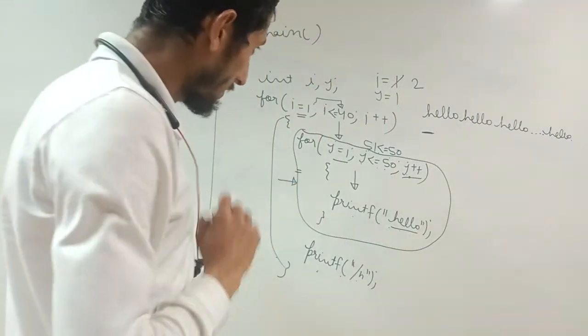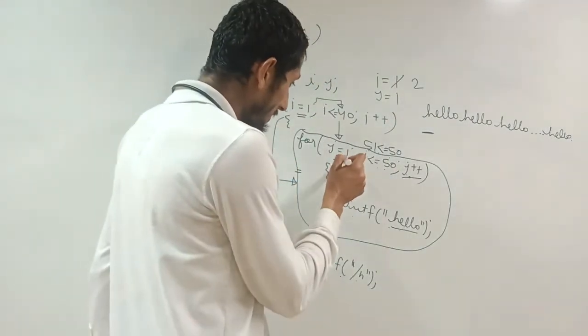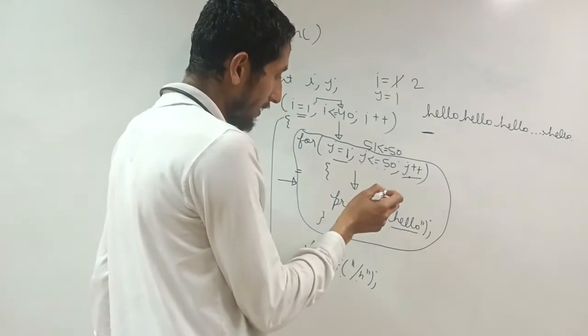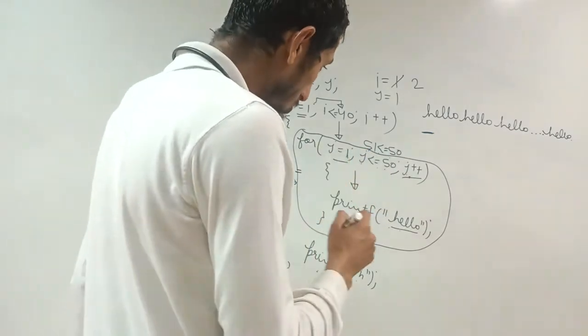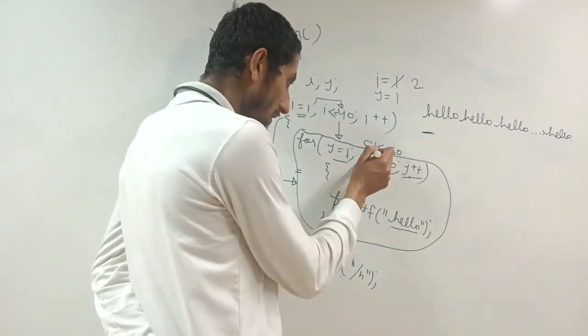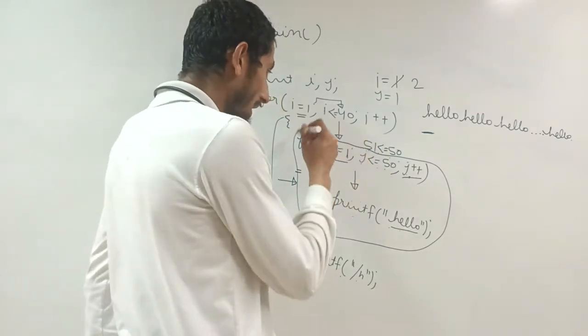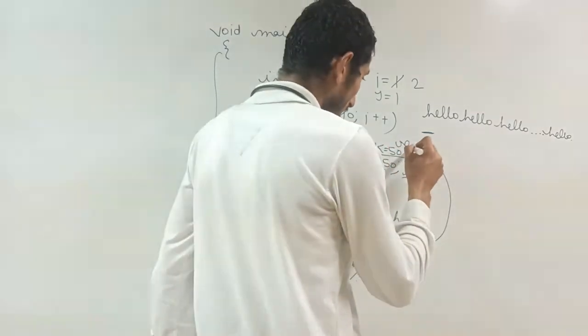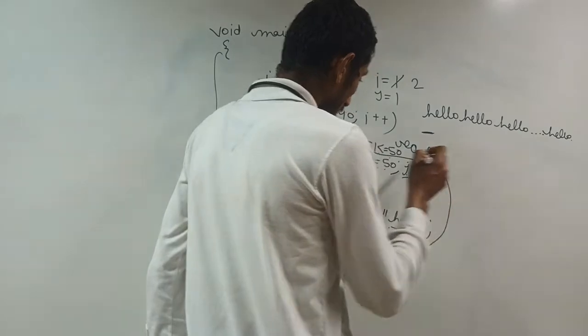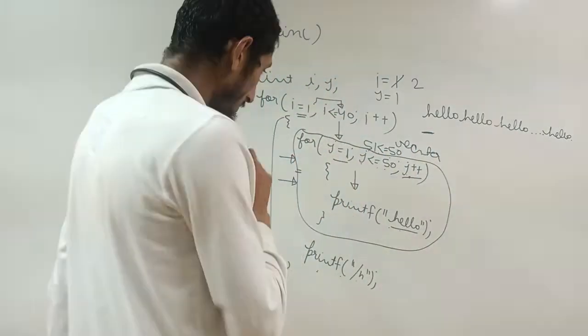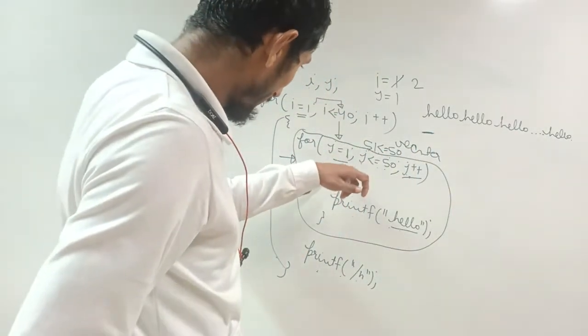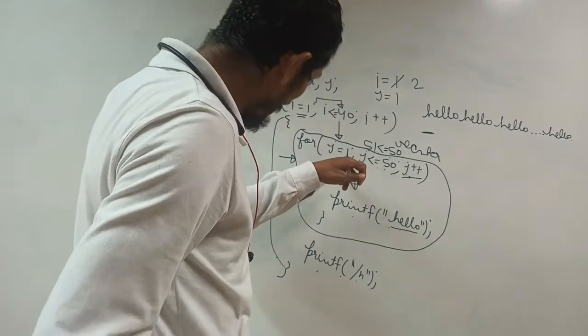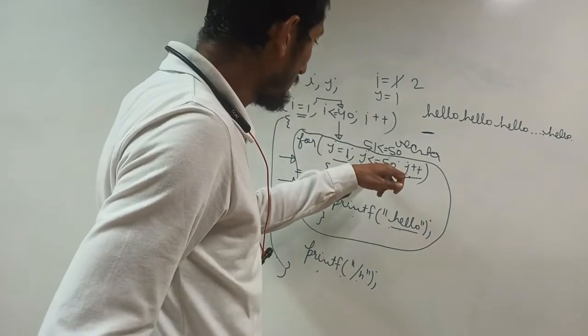When the value of i becomes 2, the value of j becomes 1 again. Last time when I came out of the loop, the value of j was 51. But the moment I re-enter the inner loop, the value of j becomes 1 and it will go till 51.